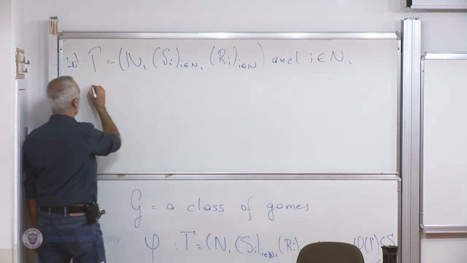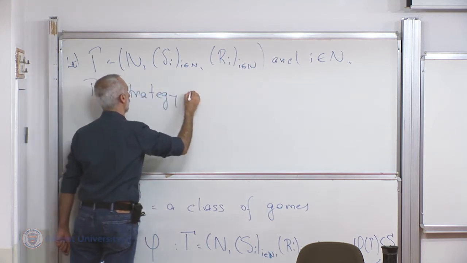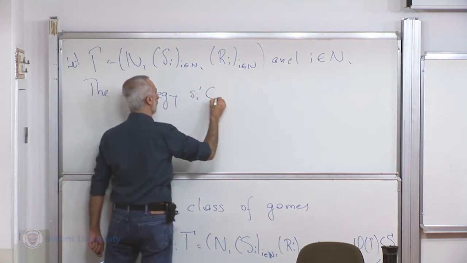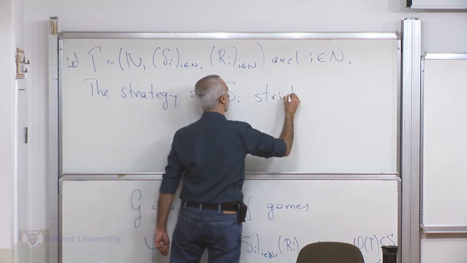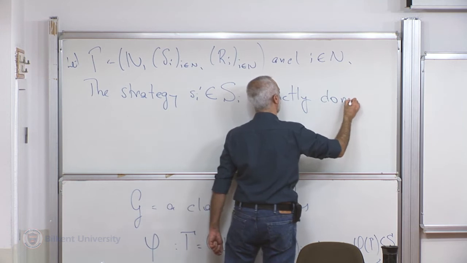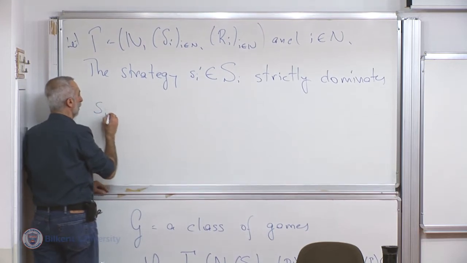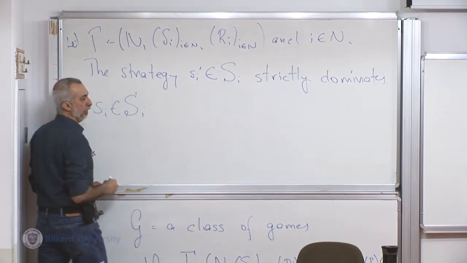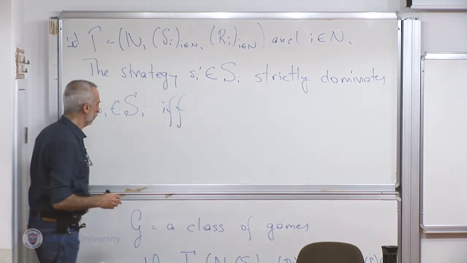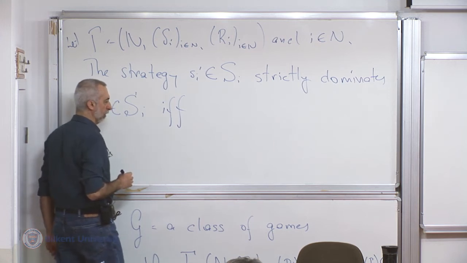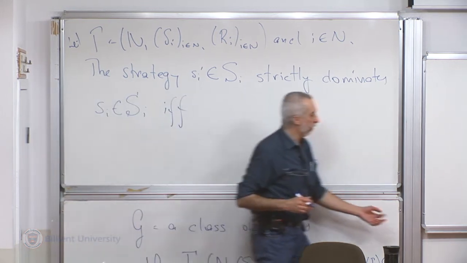The strategy s_i prime of player i strictly dominates a strategy s_i of player i if and only if the following holds. By the way, I'm going to email these definitions to you too, so you don't really have to write it. Okay. By the way, a piece of notation I have to introduce here.